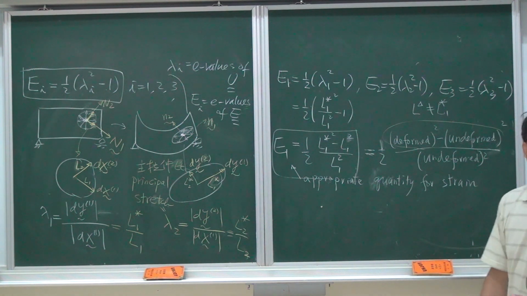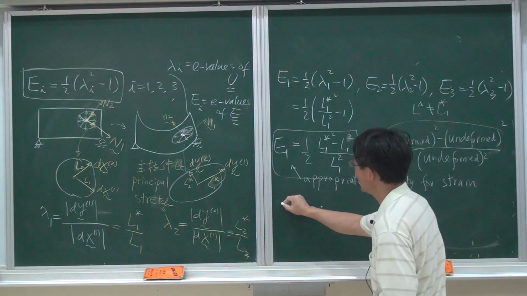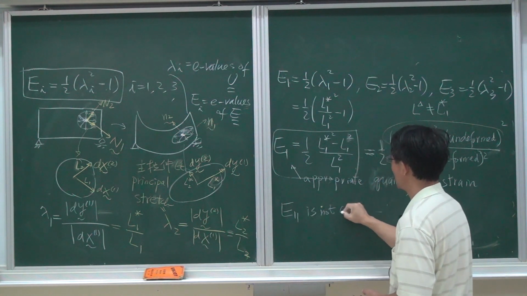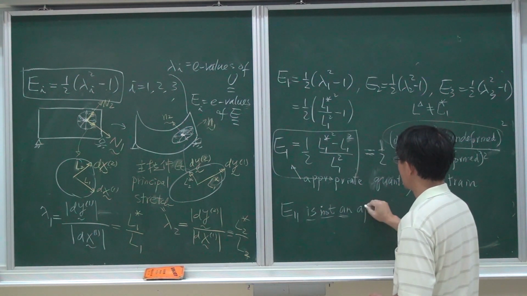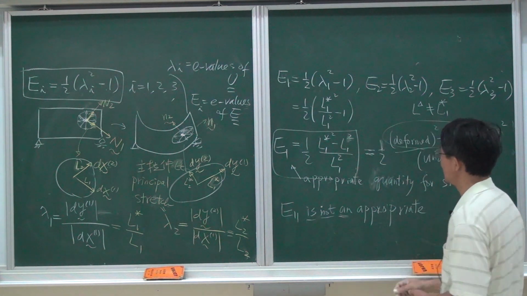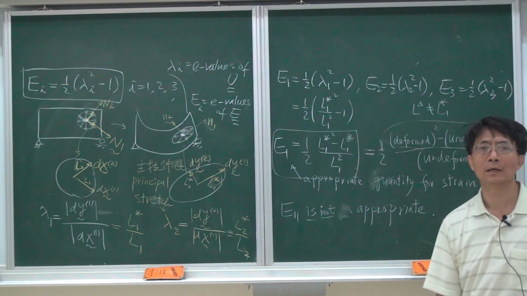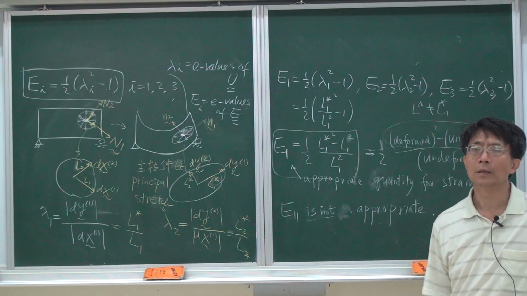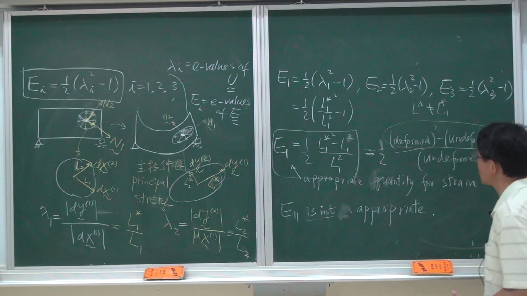Finally, we get the correct expression of the strain, and E11 is not appropriate. I cut it short. You understand what I am talking about? I don't need to write so long. E11 is not the appropriate one, E1 is appropriate. This is the principal strain.